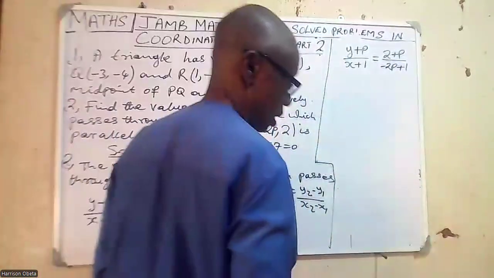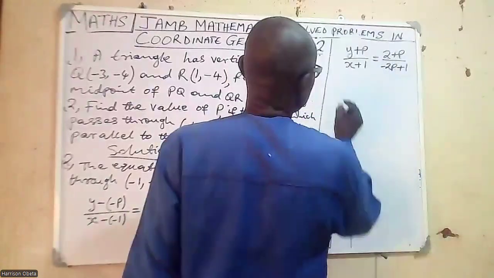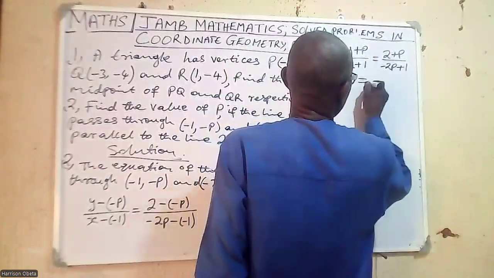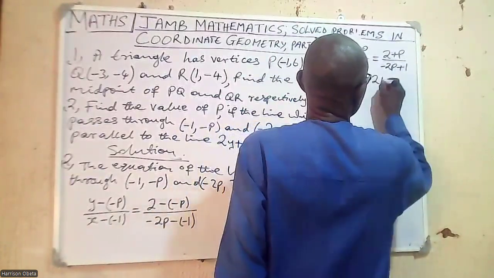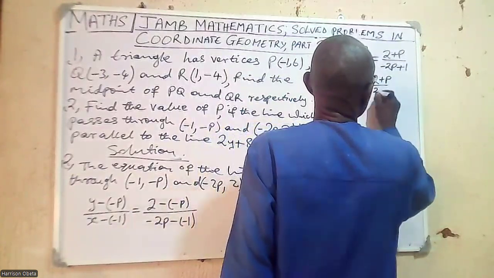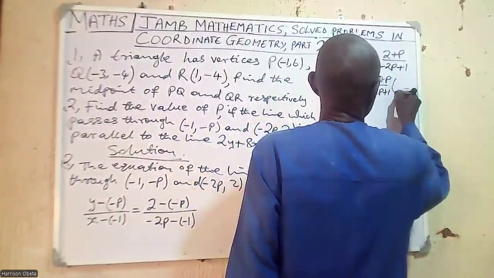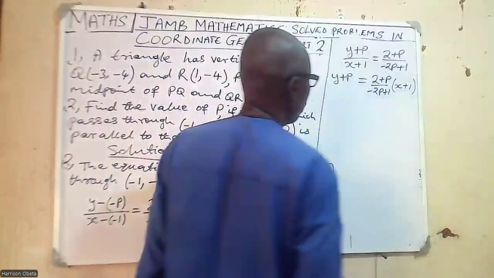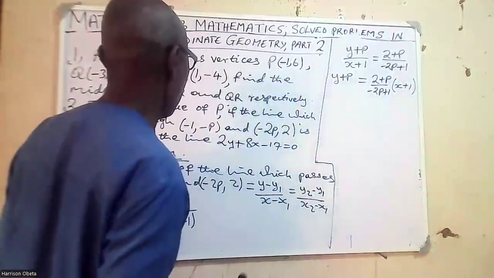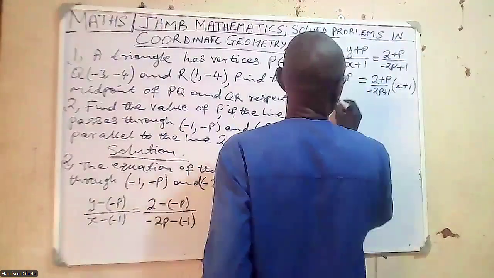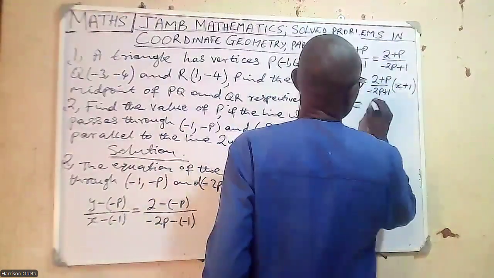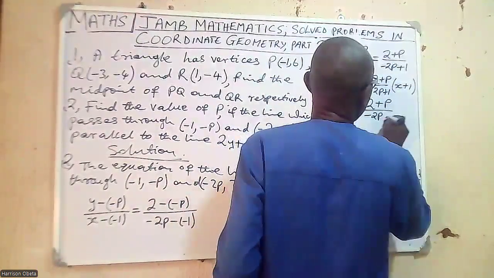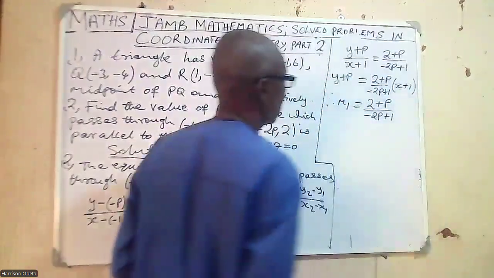This is the same thing as y plus p equal to 2 plus p all over minus 2p plus 1, brackets x plus 1. And that means our m1 is equal to 2 plus p all over minus 2p plus 1.